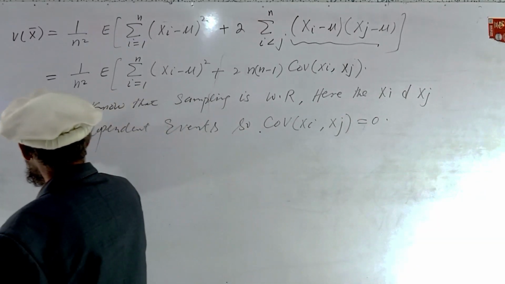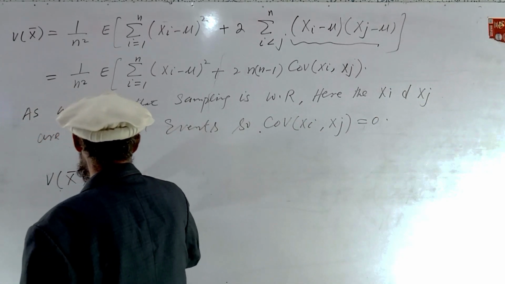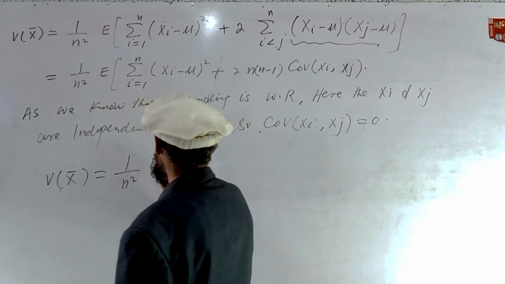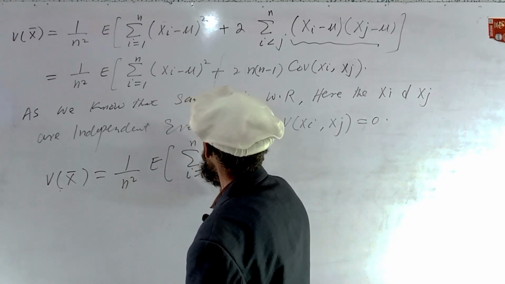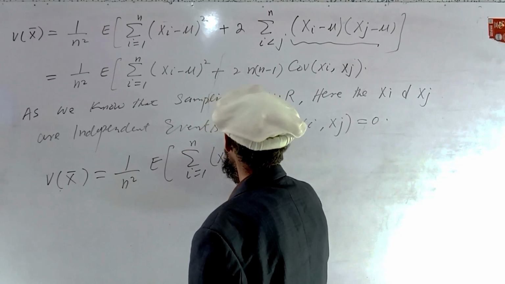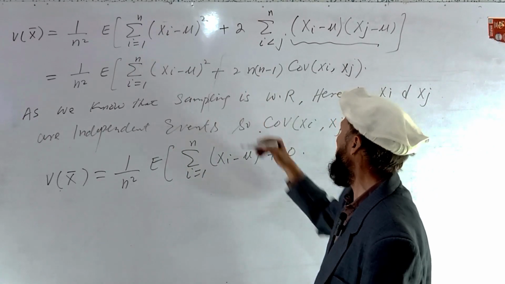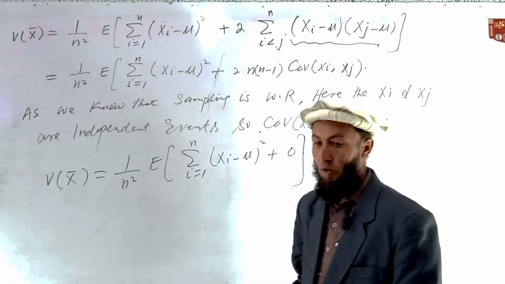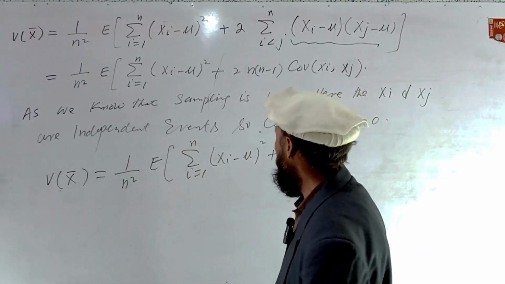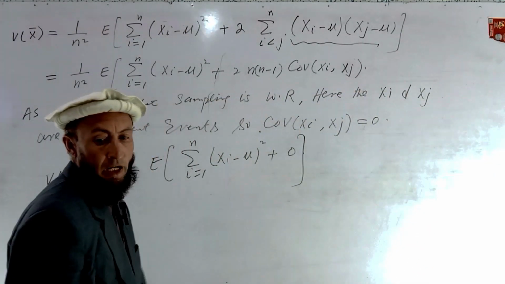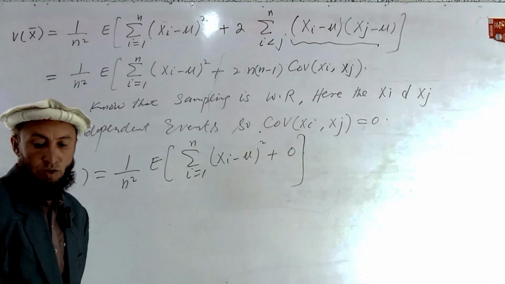In place of this term, the variance of x bar is equal to 1 over n square times the expected value of the summation of xi minus mu, whole square, plus 0. Here 0 multiplied by something gives 0. Now if we apply the expected value to this term, we get n sigma square.